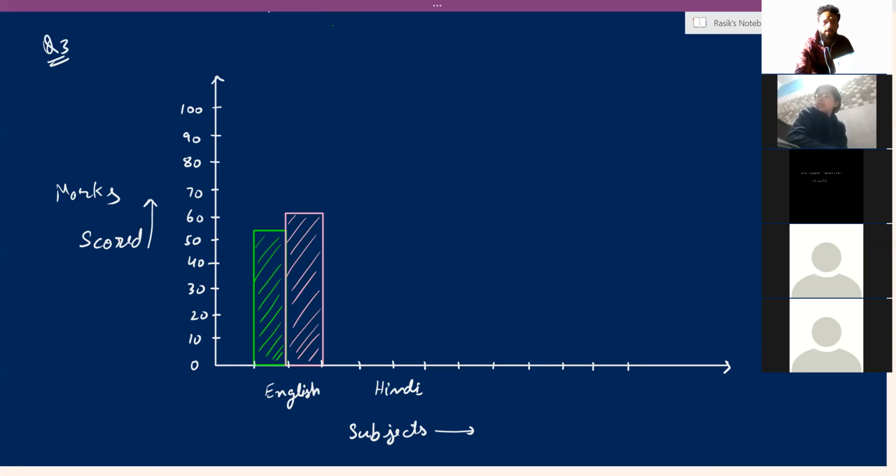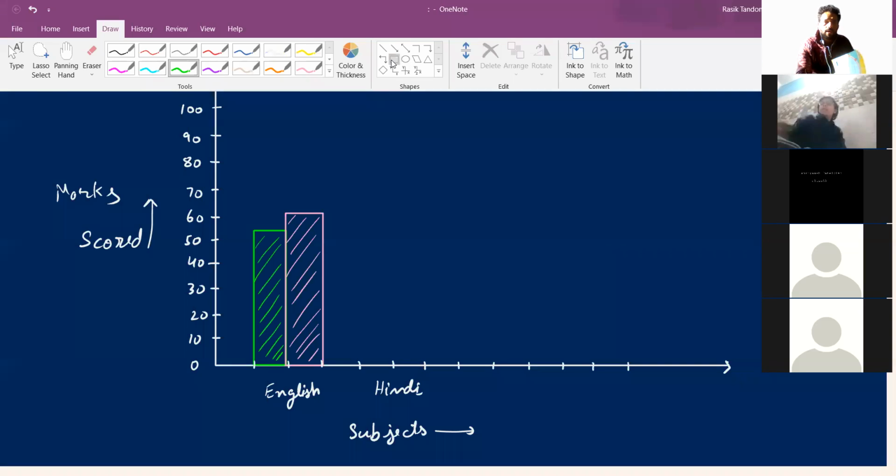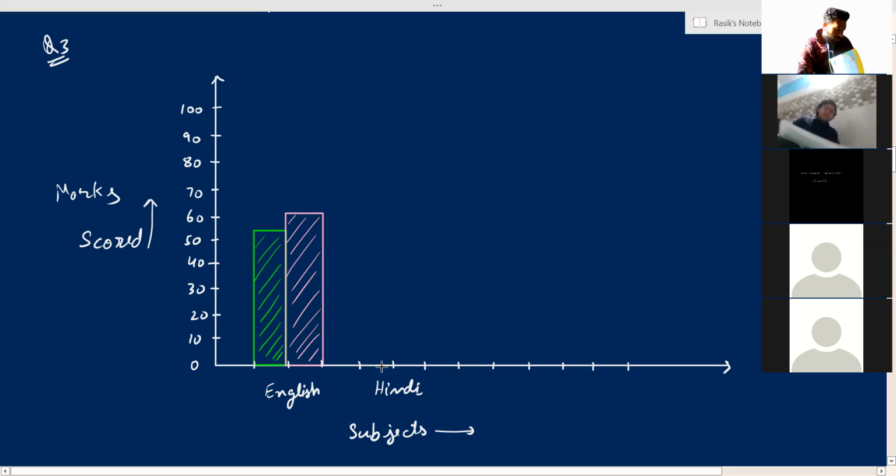How many marks he has scored in Hindi in half yearly? 65. In Hindi, he has scored 65 in the half yearly. Okay.